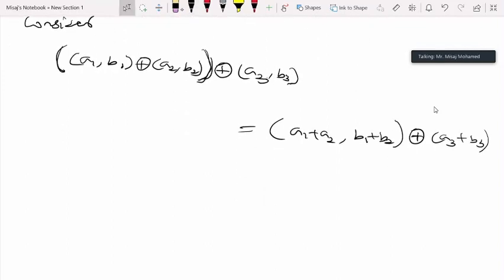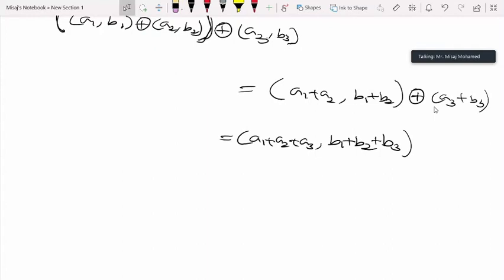This is right. Now if we expand this, (a1 plus a2 plus a3, b1 plus b2 plus b3).